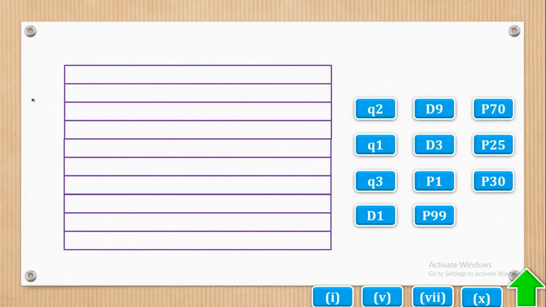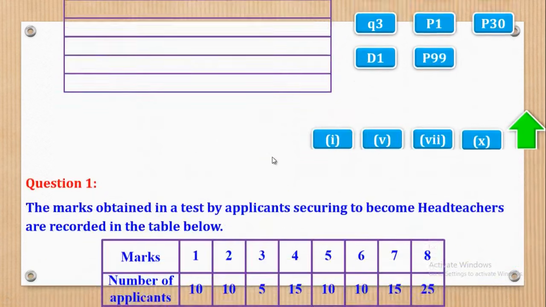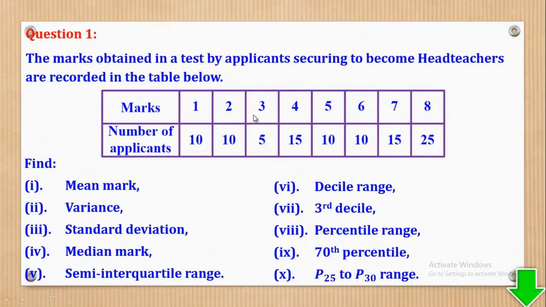So what we are going to first do, we are going to tabulate the necessary values. The first column will be for x. Now x are the data values. So these marks will be the values of x. The number of applicants will be the frequency.